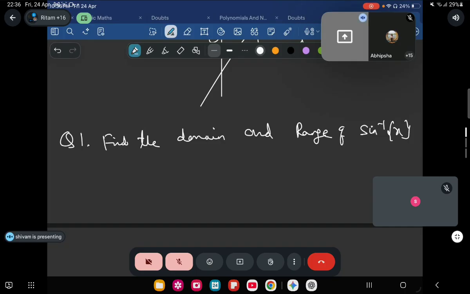Okay, Ritam, range is not correct. Domain is correct. Yes, Rishabh, your answer is correct.